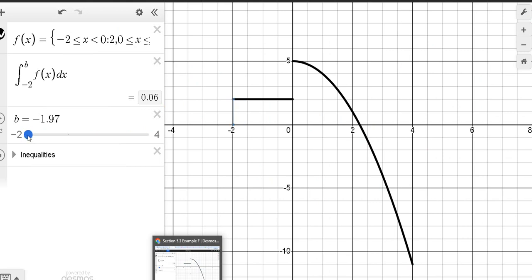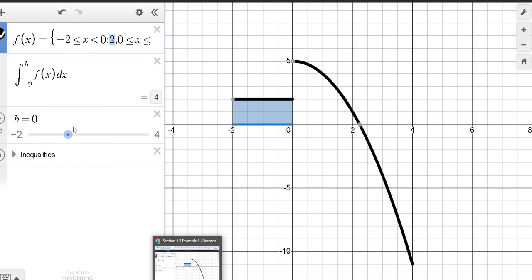The value of this integral is the area between this curve and the x-axis. When I let the upper limit be 0, it's just the area between -2 and 0. The function is 2 right here, so that area is the rectangle, 2 times 2, which is 4.